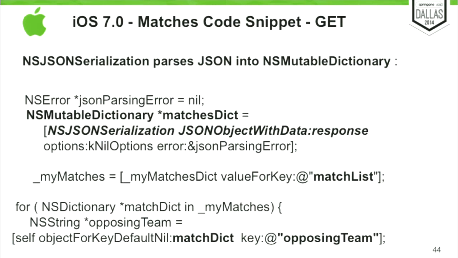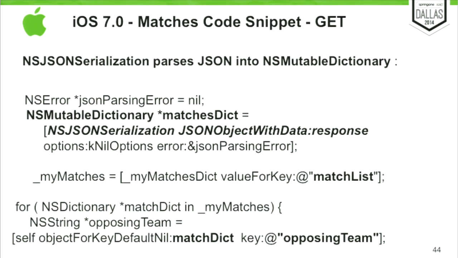So on the iOS side, there's a class called NSJSONSerialization, which will parse the JSON into the dictionary object for you. You need to do your own processing for the request and response and the connection. But it's pretty straightforward. You get the response back, and then you call this NSJSONSerialization JSONObjectWithData with your response object, and you'll get back this dictionary.